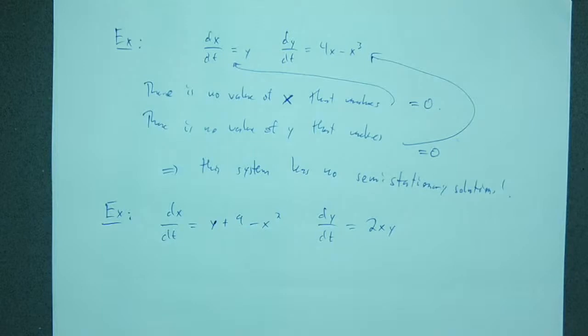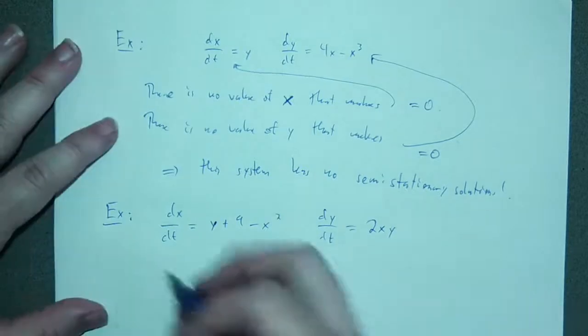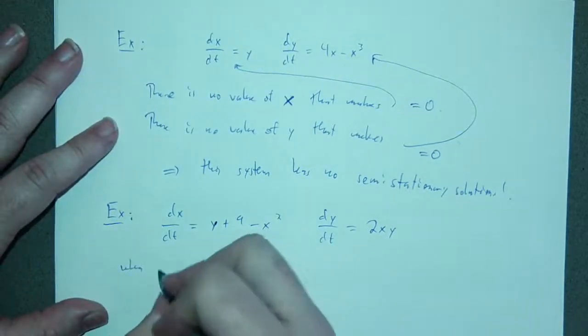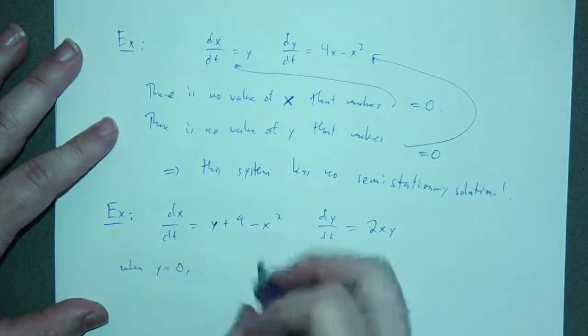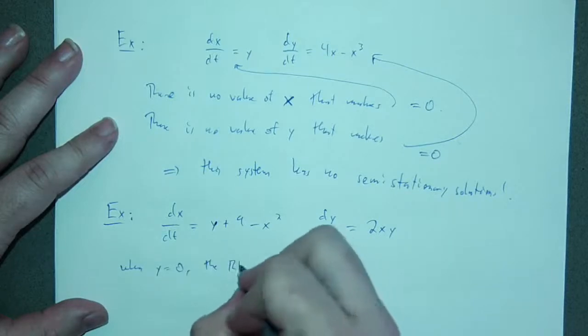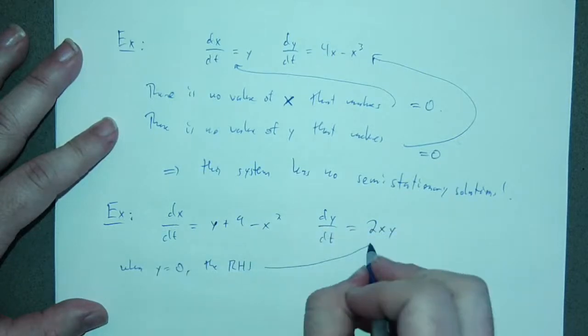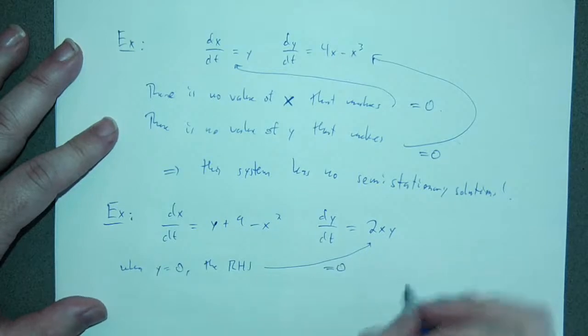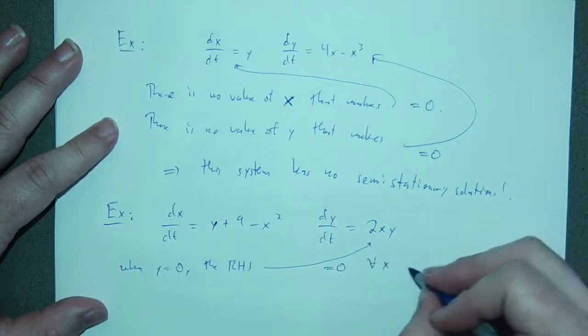Okay, well, when y equals 0, the right-hand side of the dy/dt equation is 0 for all x.